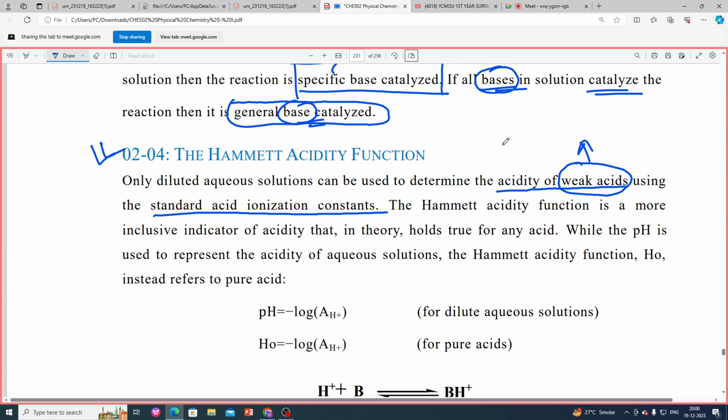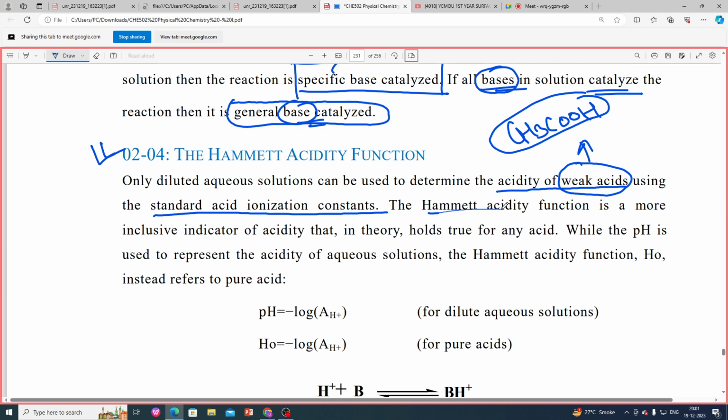The acid which is not completely dissociated is called a weak acid. The general example of a weak acid is acetic acid. So we are considering acetic acid as a weak acid, written here as CH3COOH, which is a weak acid in nature. Only a dilute aqueous solution can be used to determine the acidity of a weak acid, so here acetic acid is the example, using the standard acid ionization constant.